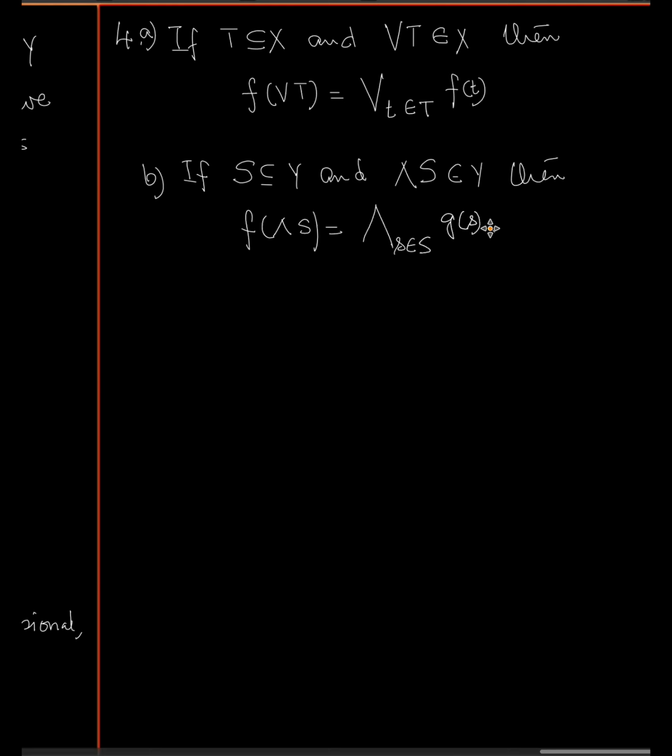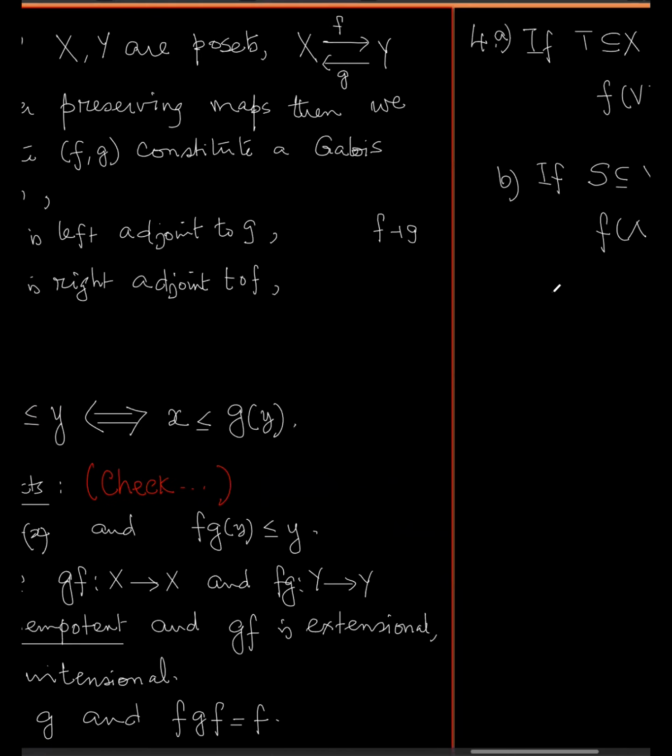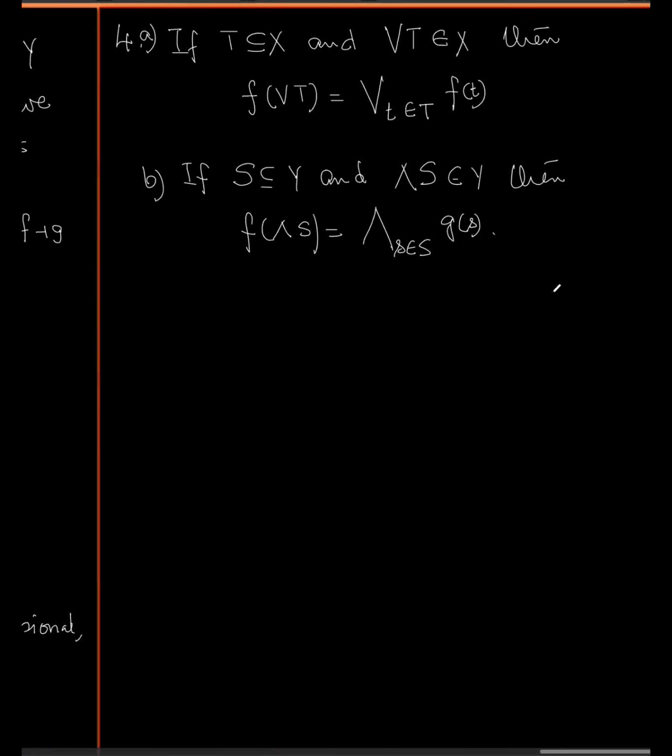So the left adjoint preserves all supremum and the right adjoint preserves all infimum. A nice way to write this is, okay, we write it like this. Say that F is the left adjoint. Okay?